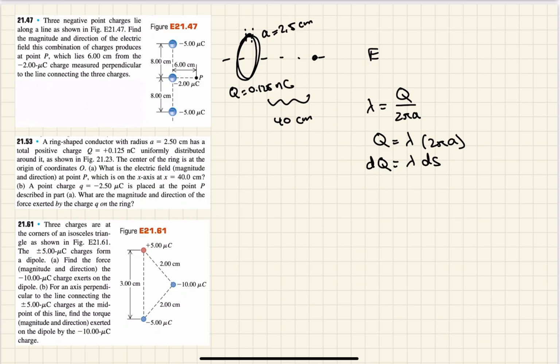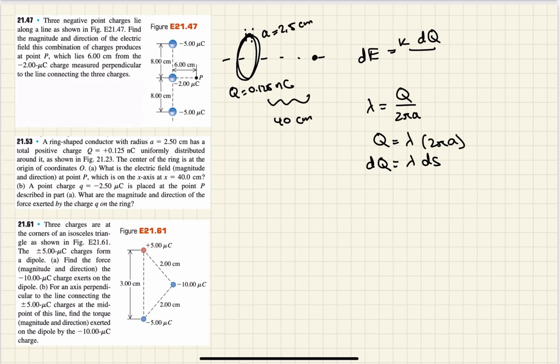What does that help us do? Well, for that ds, you got dE, the infinitesimal portion of the electric field caused by that small segment. And that's equal to kq over r squared. What are q and r squared in this case? Q is dq, because that's just the charge of that segment. What's r?